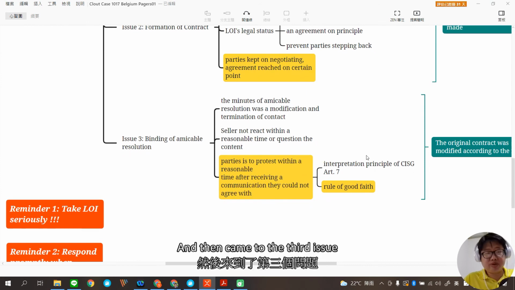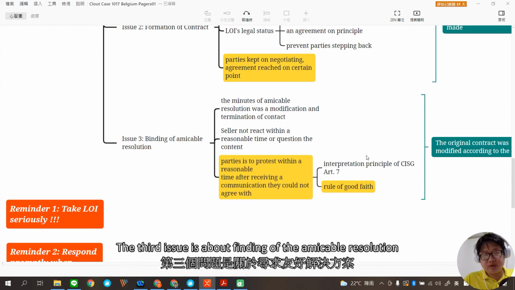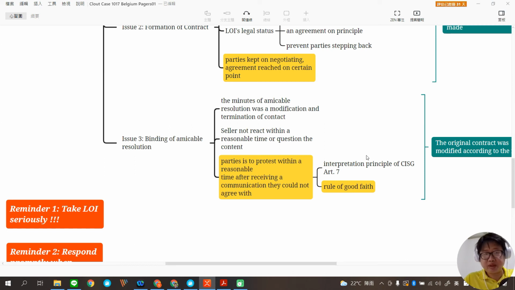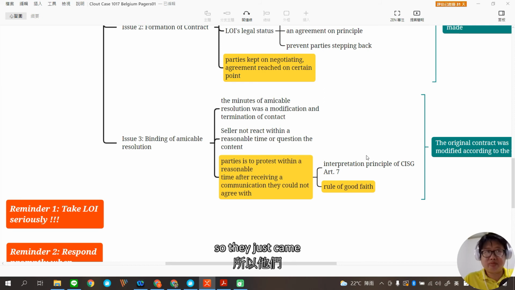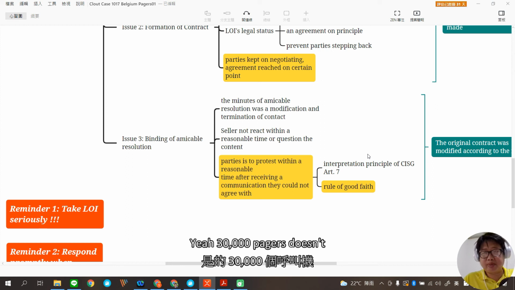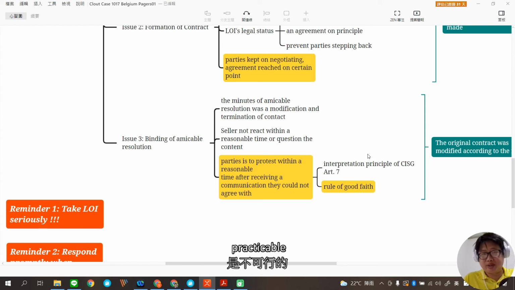And then came the third issue. The third issue is about the binding force of the amicable resolution. Because, as I have mentioned, the pager sales didn't work out very well at that time. So they needed to reach another solution. 30,000 pagers was not practicable.